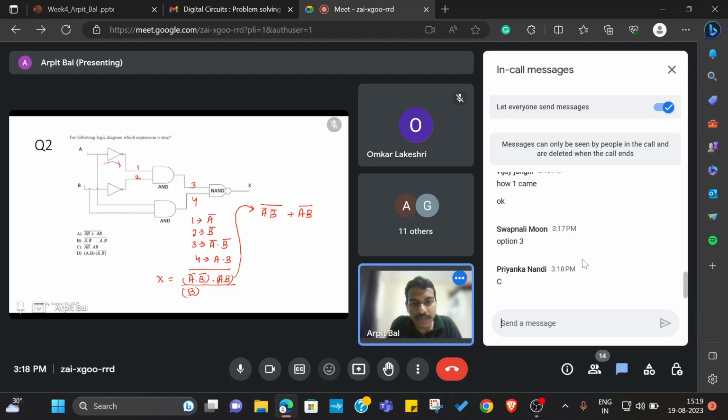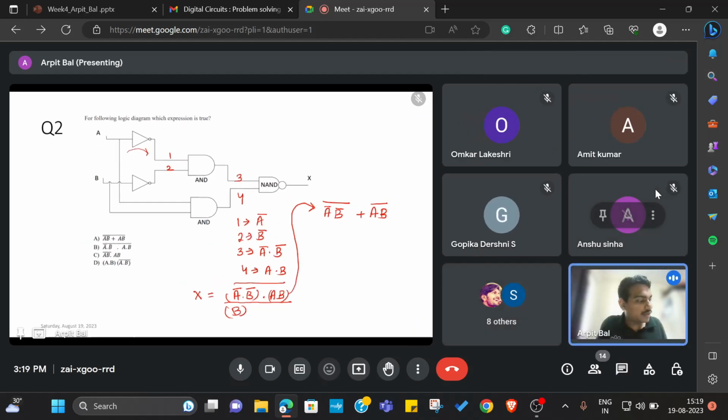So basically option B is the correct one. Is that clear? You don't need this particular simplification, so you can ignore this. Here itself we have arrived at the result. I hope this part is clear.